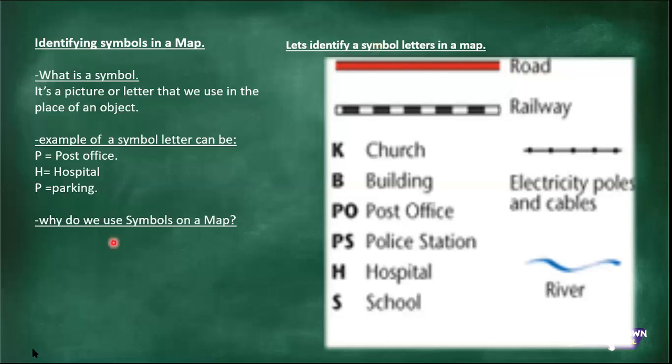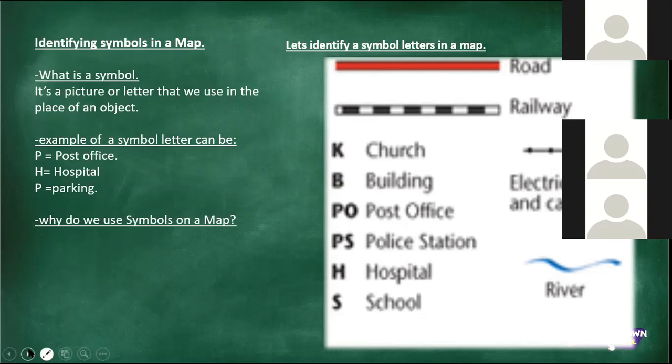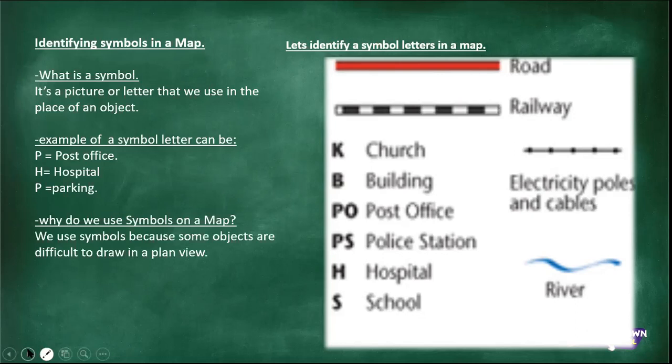Okay, the reason why we use symbols on a map is because some objects are difficult to draw in a plan view, as we saw yesterday in the difference between a side view and a plan view. It was difficult to see whether that was a house or a dam, but when it comes to the side view, we were able to see it.